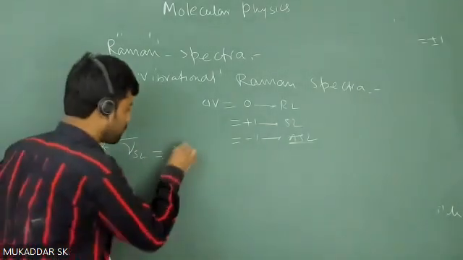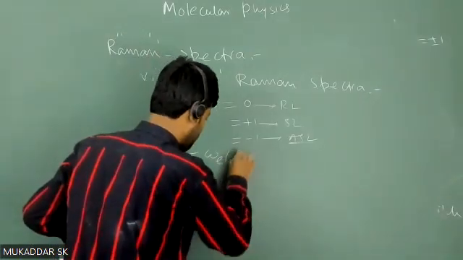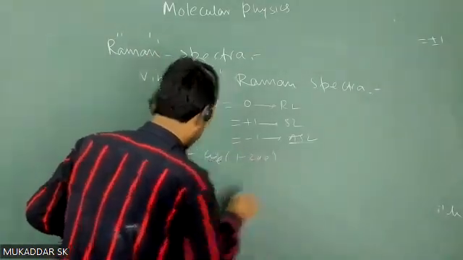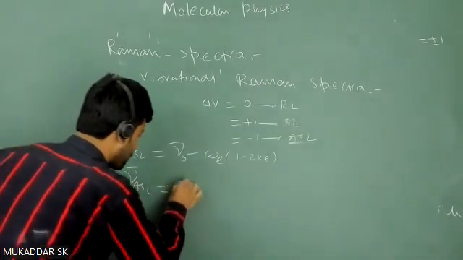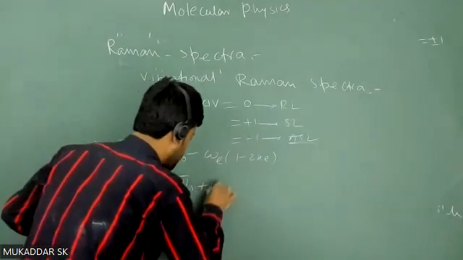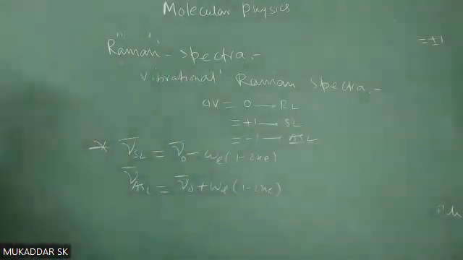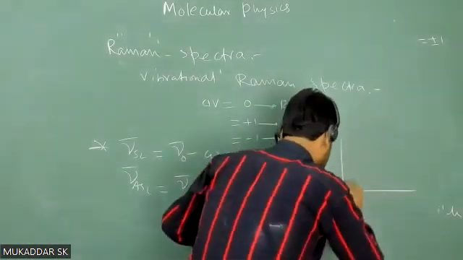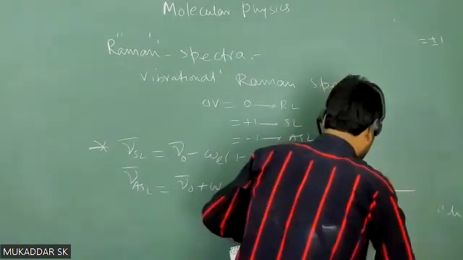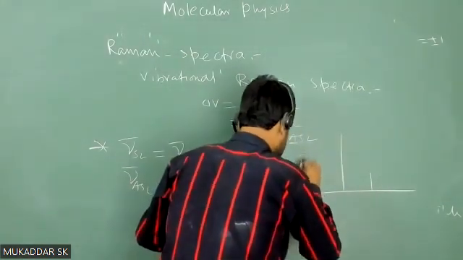Okay, if you see the spectrum here, the position of Stoke line in vibrational spectra will be nu 0 bar minus omega e into (1 minus 2 xe). And position of anti-Stoke line will be nu 0 bar plus omega e (1 minus 2 xe). Okay, so you'll have a spectrum with first an intense Rayleigh line, and on the right hand side you have an anti-Stoke line, and on the left hand side you will have a Stoke line.